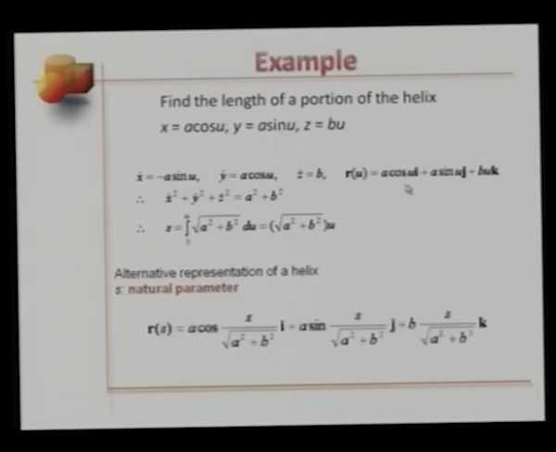All we can do is substitute for u and write this expression in terms of s as a cosine s over under root of a squared plus b squared times i plus a times sine s over under root of a squared plus b squared times j plus b times s over under root of a squared plus b squared times k.